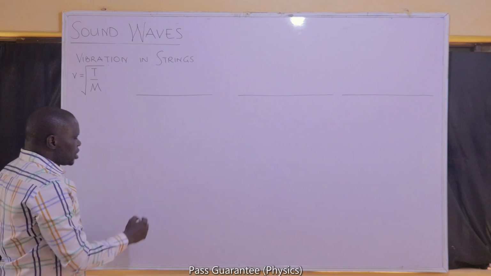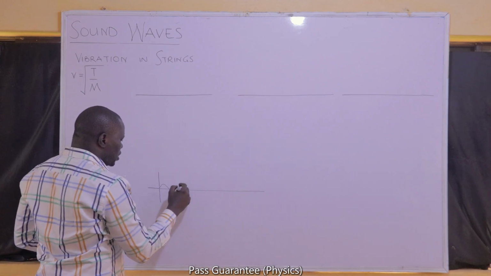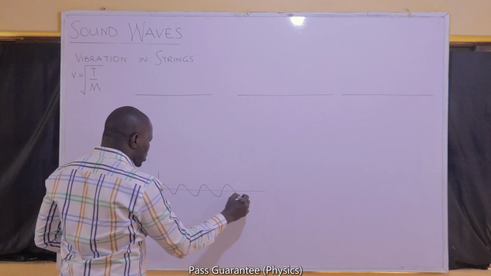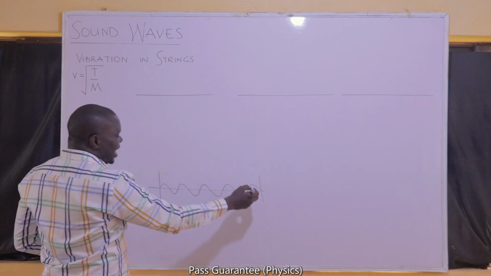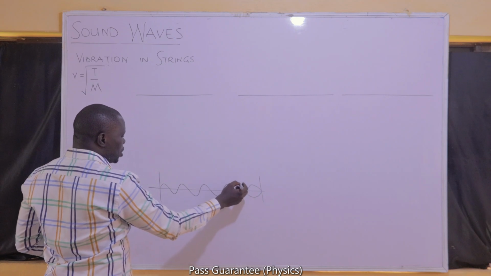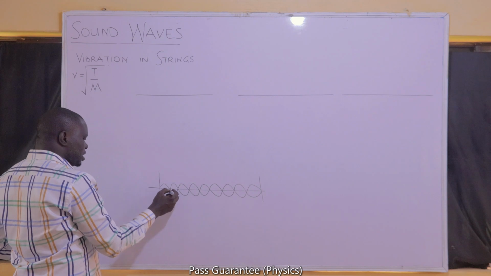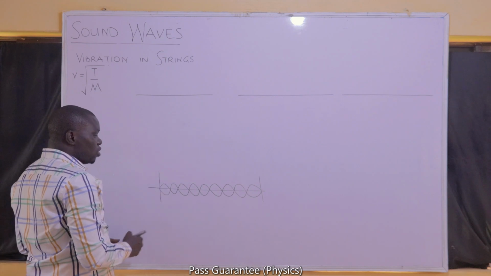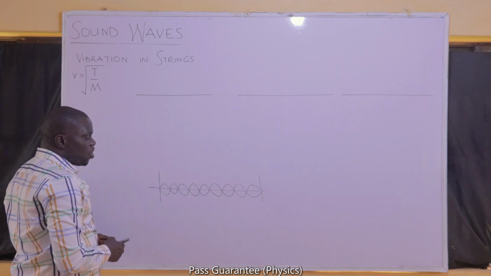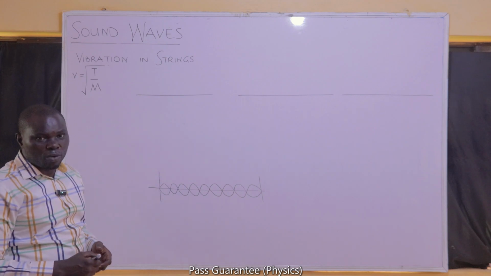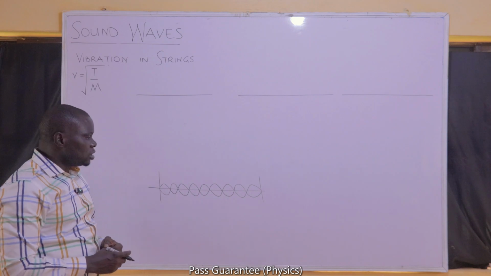Note that when we're talking about waves, I said if you generate a wave on a string, when the wave gets to the other end, it will most likely be reflected. If it is reflected, the incident plus the reflected wave should give us what is called a stationary wave.